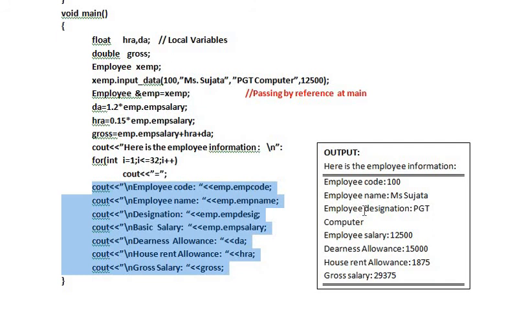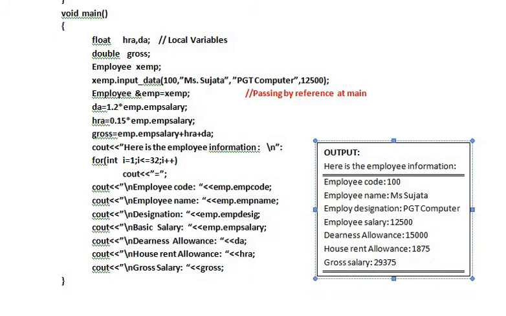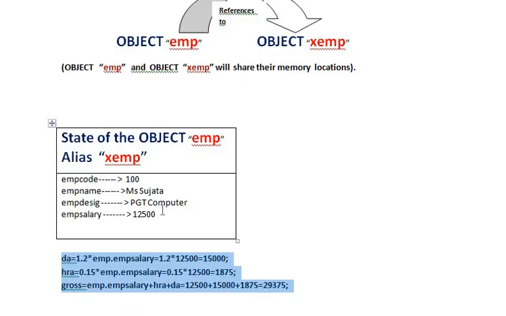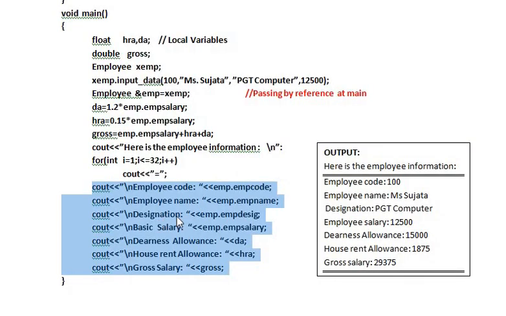Sorry, it shouldn't be employee designation, it should be designation, because the text shown here is designation. And then the value of the data member EMP desig, which was found to be PGT computer. So designation PGT computer gets displayed in the output.